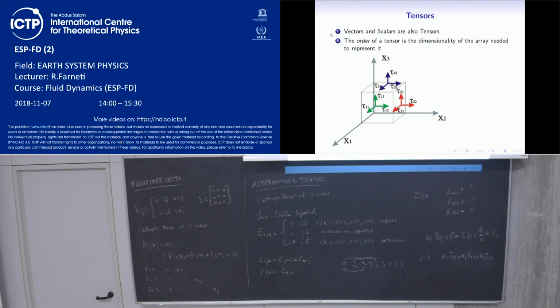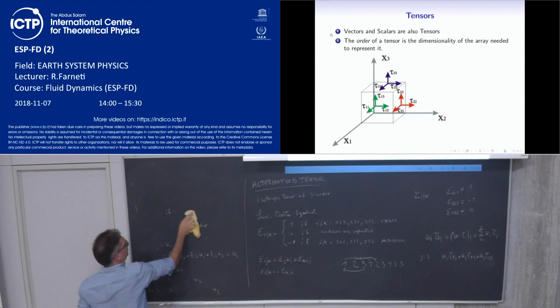So these are ways of writing things in tensor notation.